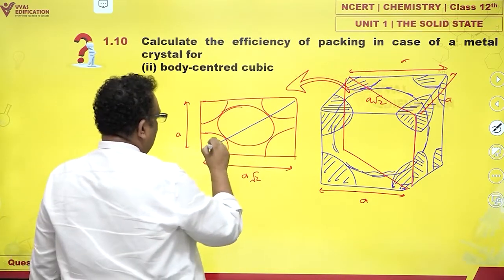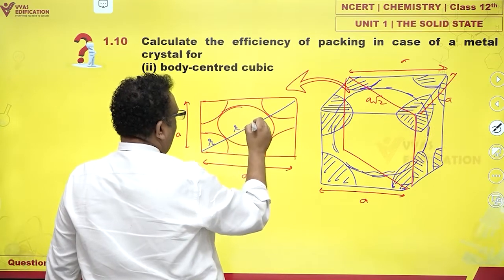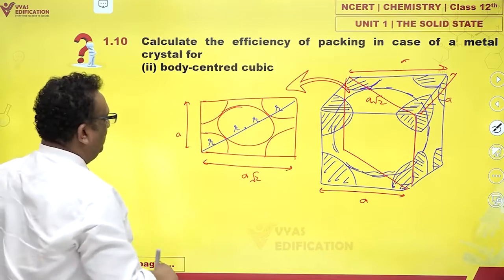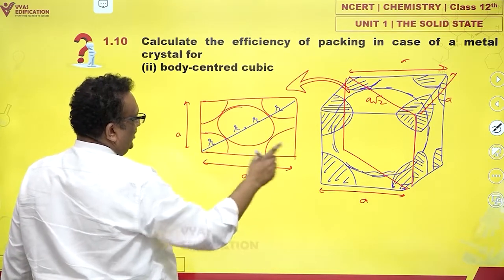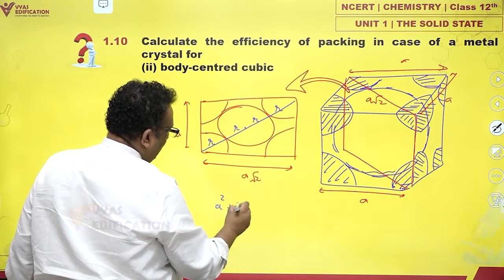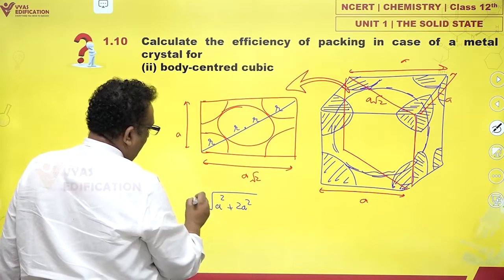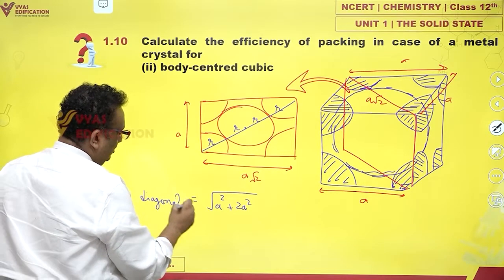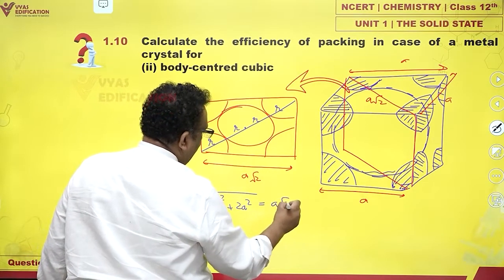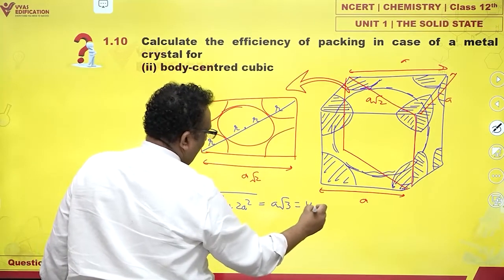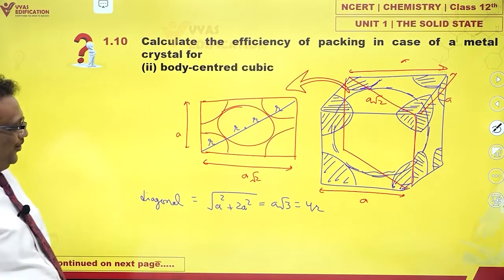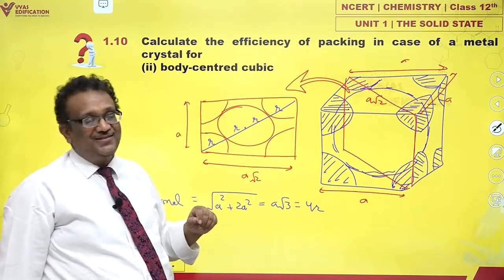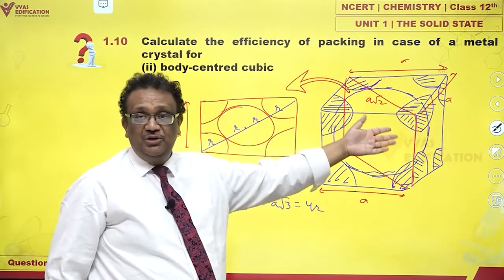We have this as R, R, R and R. So this purple line is 4R, and thanks to Pythagoras, A square plus 2A square, this diagonal is A root 3, and by figure this is 4R. So I have a relationship between edge length A and radius R? Yes. What is the occupancy of this unit cell?